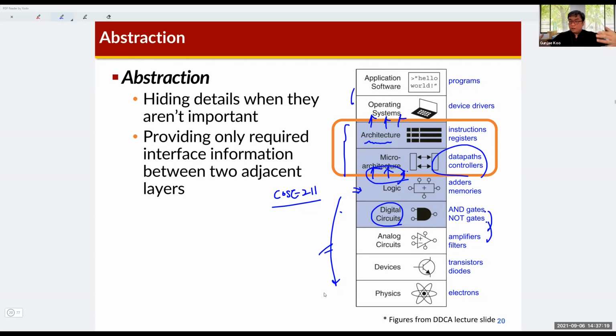That means the architecture layer just delivers some signals or some data to the operating systems. And these are the interface. So we need to learn about the interface between adjacent, that means neighbor, layers. Okay.